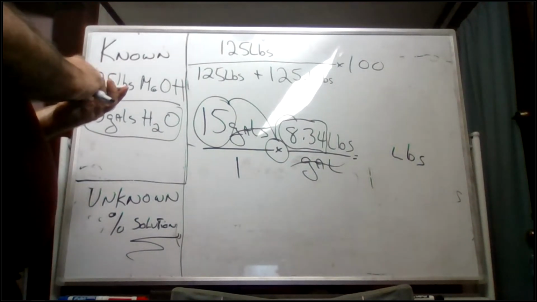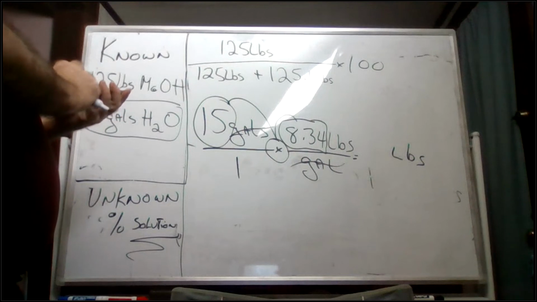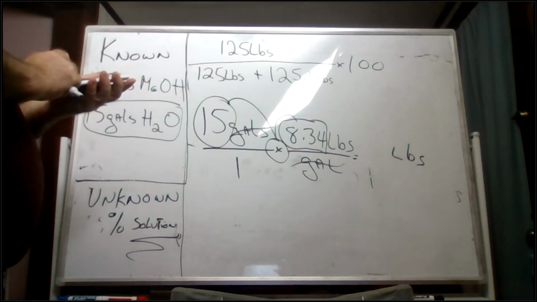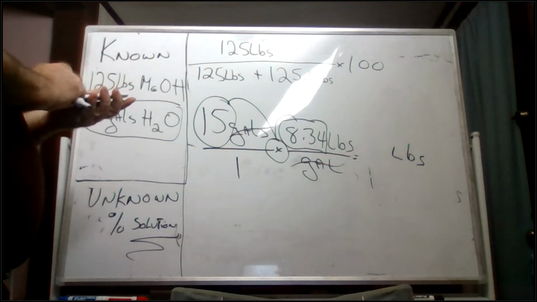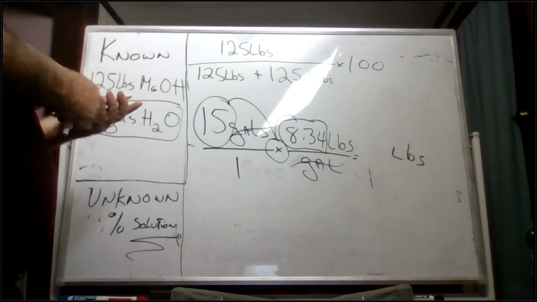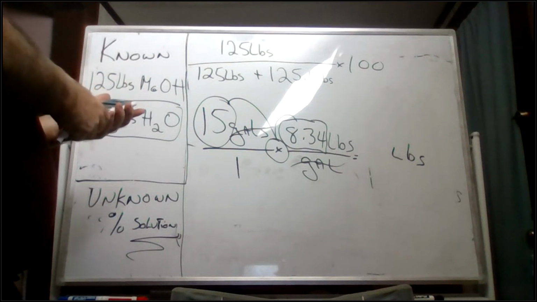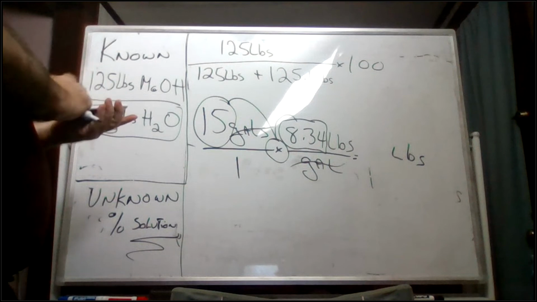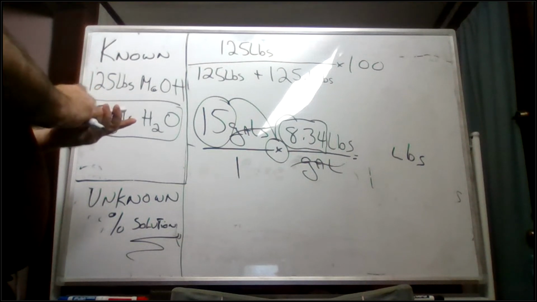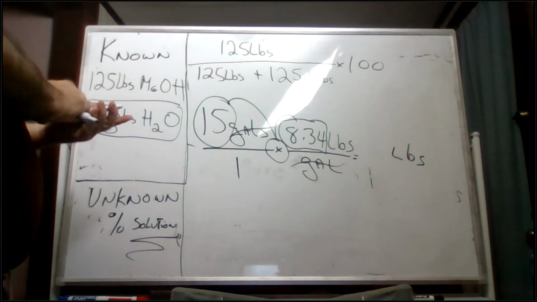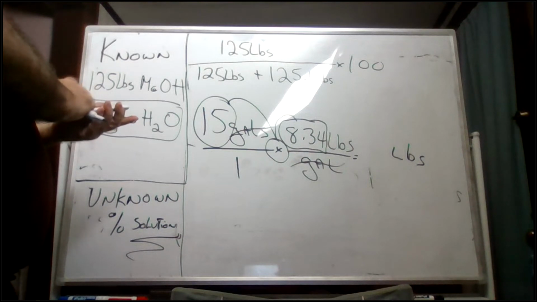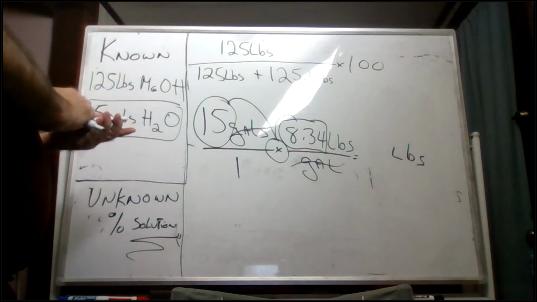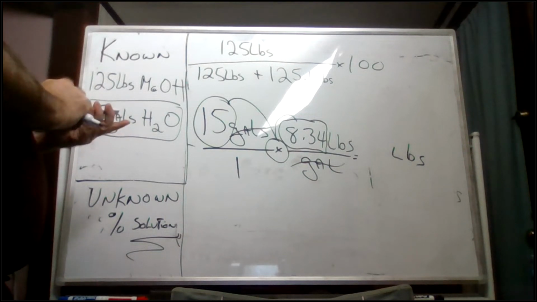So let's add that. The 125 becomes 250.1, right? So 125 divided by 250.1... I hit the wrong button. 125 plus 125.1 equals 250.